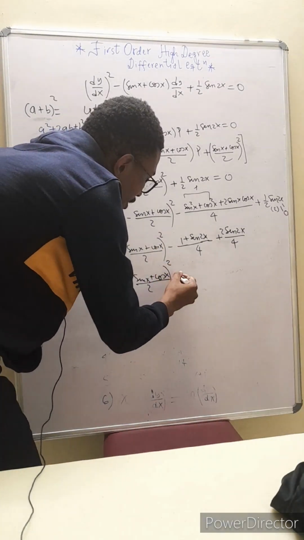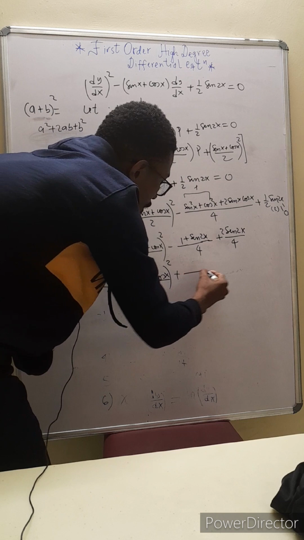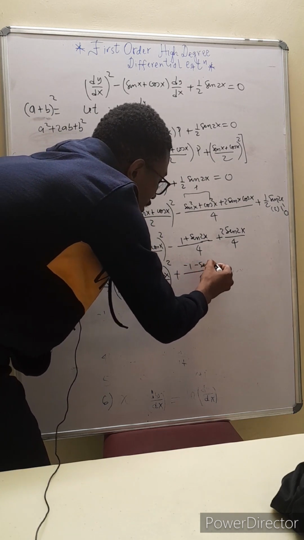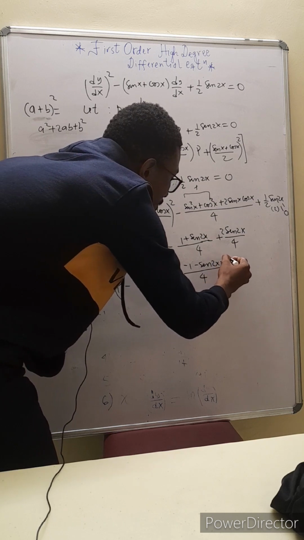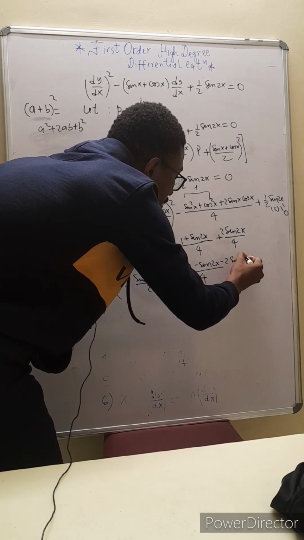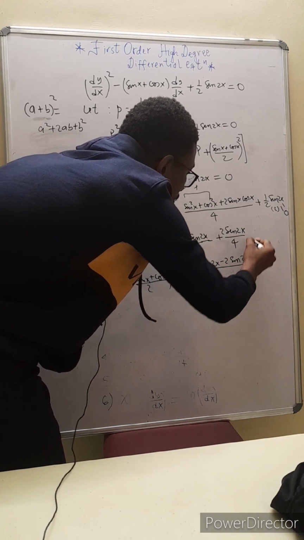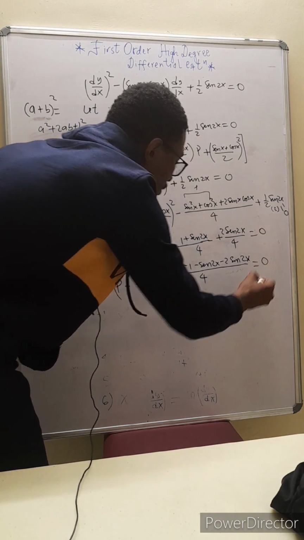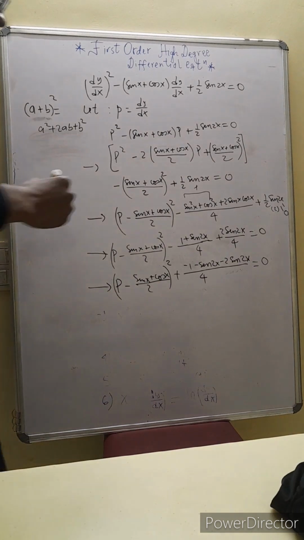When you play, it will be plus, then all here by 4, minus 1, minus sine of 2x, minus 2 sine of 2x. You see? Yeah, this is equal to 0. Nice.